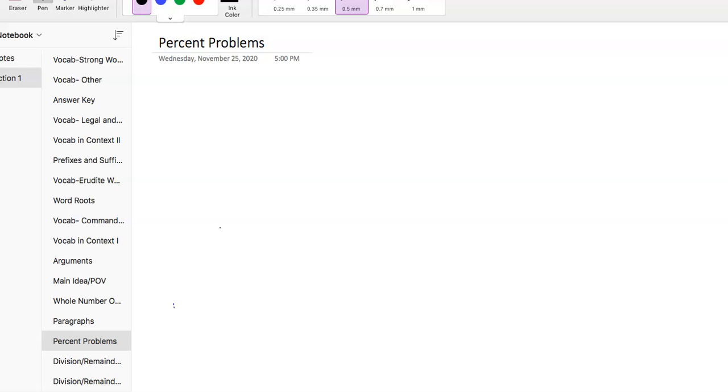Okay, so it says 40% of the class is male. We'll say that's M. 20% not from the US. We'll say not US. 40% male, 20% not from the United States.